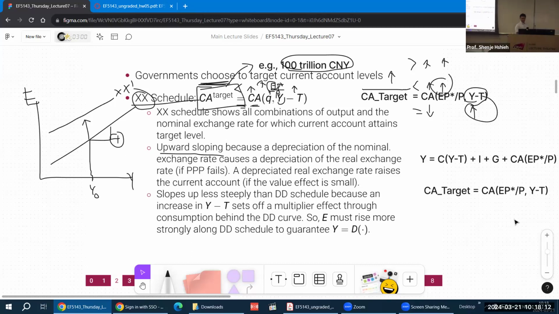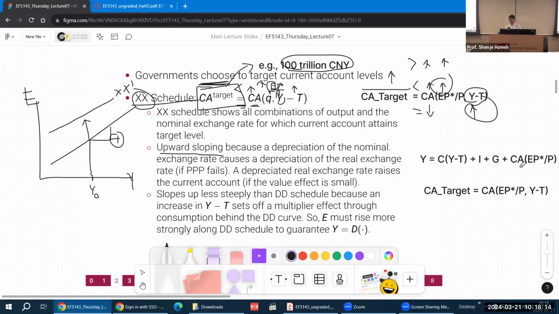So let's do the current account first. Suppose we increase E. We're going to be exceeding our target. So how much does Y have to change?